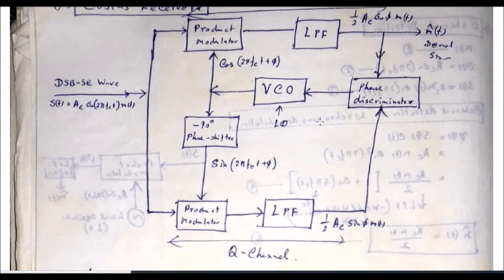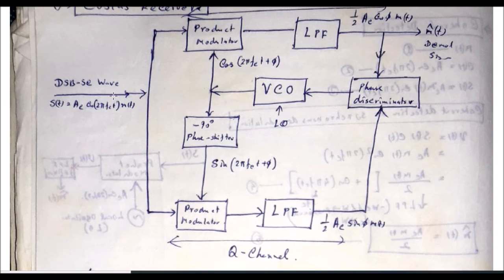If the input voltage is greater, the phase output will also be greater, proportional. And if the input voltage is smaller, the phase output should also be smaller. So if phi is somehow increased, then V0 is also increased, and due to the increased V0, the phi generated from the local oscillator will also be increased.